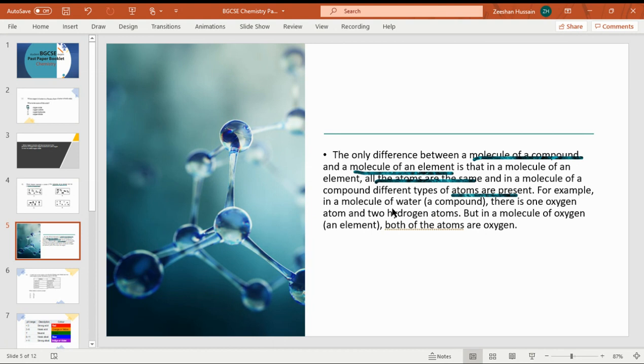There is one oxygen atom and two hydrogen atoms, but in a molecule of oxygen, an element, both the atoms are oxygen. So if the same kinds of atoms combine, then it forms a molecule. If different kinds of atoms combine, then it forms a compound.